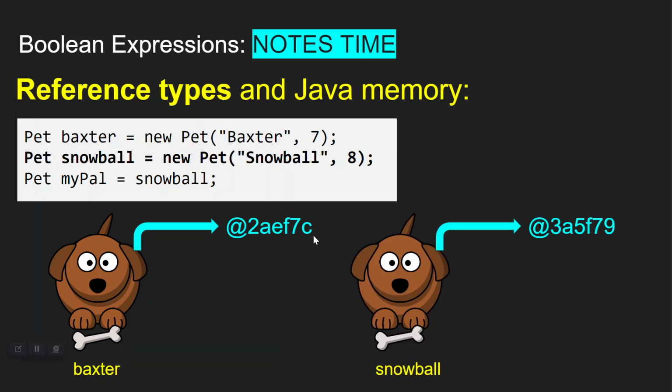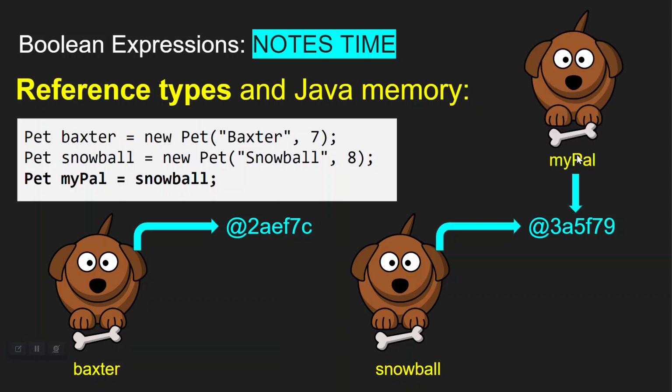Now, on the next line of code, when I instantiate another object of the pet class, this time naming it Snowball, that variable name is now a pointer to a different address in memory. And so now, if I did pet my pal equals Snowball, what this line of code does is create an alias for Snowball.